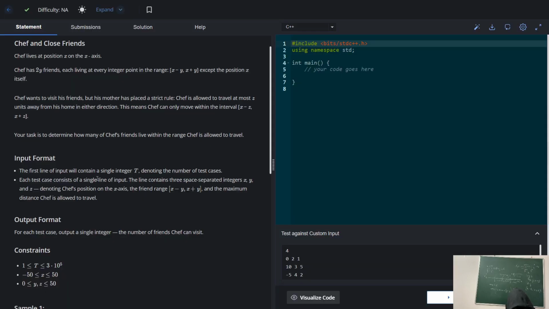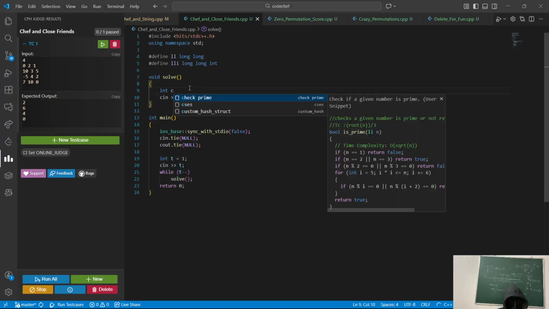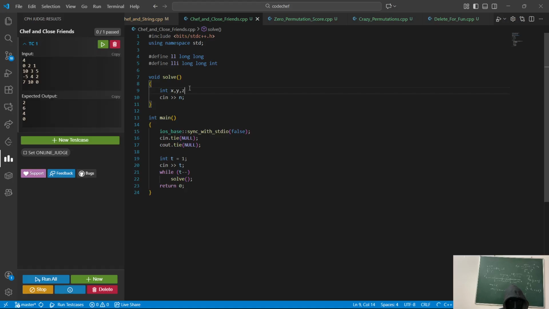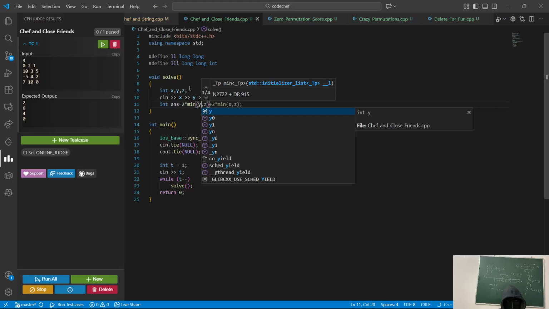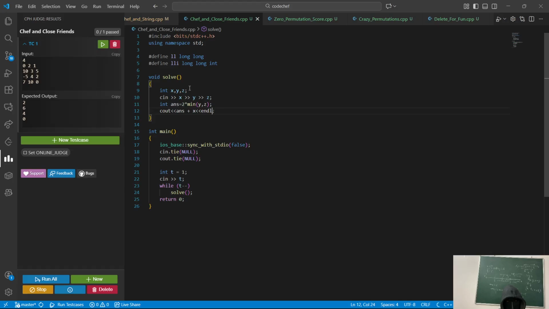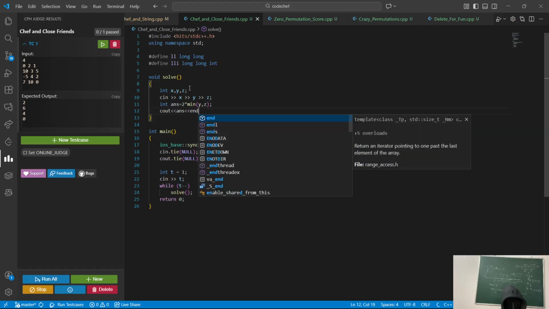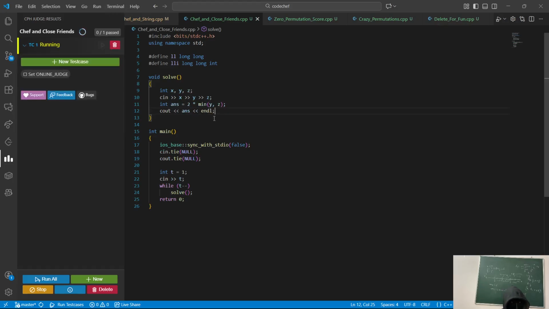Then each test case consists of X, Y and Z. Then as I said, your answer is going to be 2 into the minimum of Y comma Z. We have to display the answer. Let's try to run it. Yeah, it is passing.